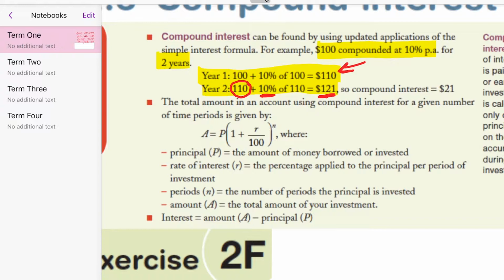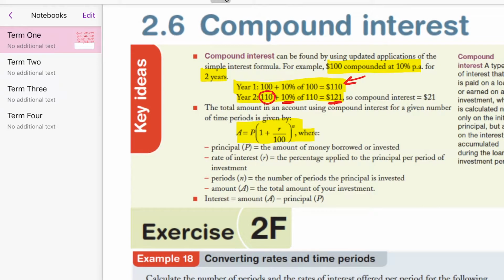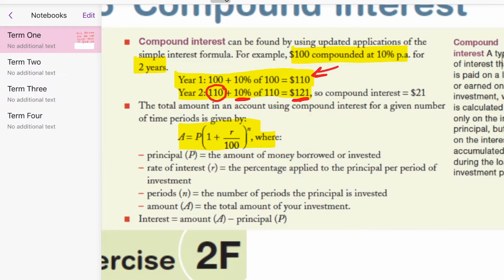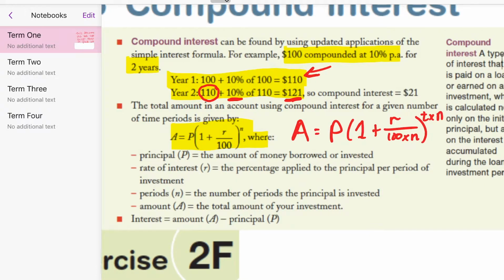Now when we look at the formula that is used here in this particular textbook, that's the formula that's given. Now I use a slightly different formula, and this will explain why I'm actually not going to do example 18, because the formula that I like to use looks like this: 1 plus the rate divided by 100 times the little n, bracket, to the power of t times n.